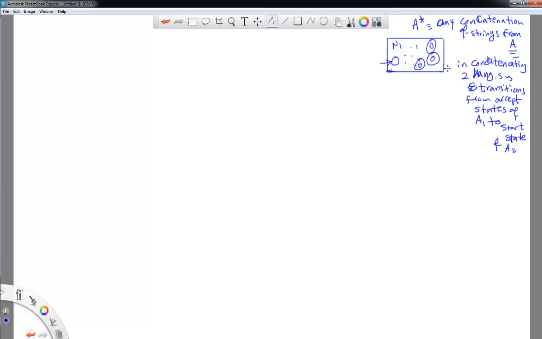Since we are now concatenating our strings with itself, you would agree that the epsilon transitions from accept states are going to go back to the start state of my own language.